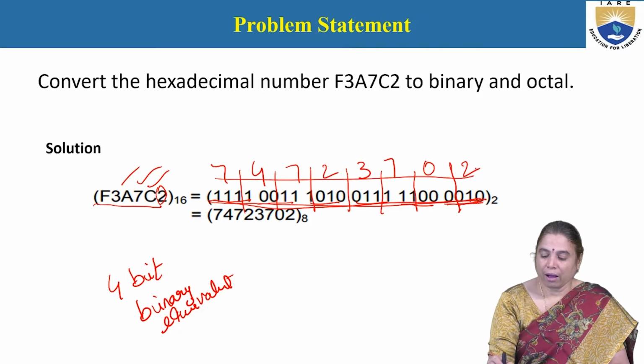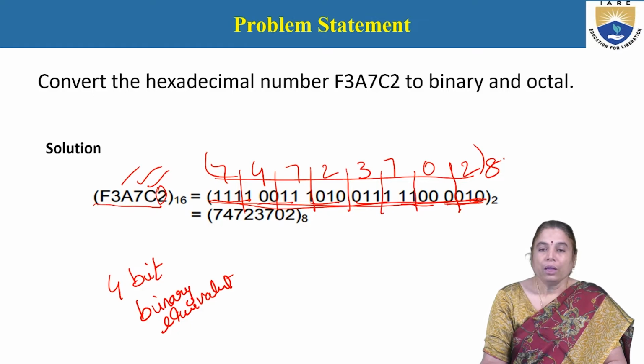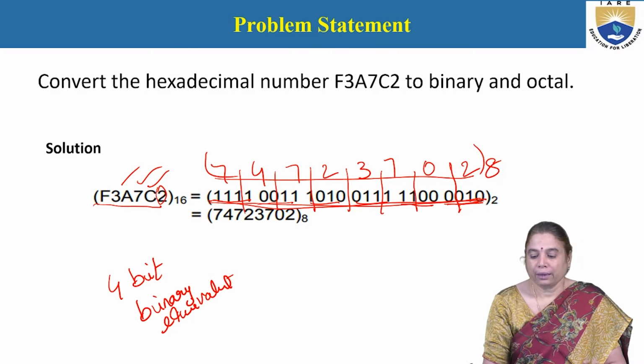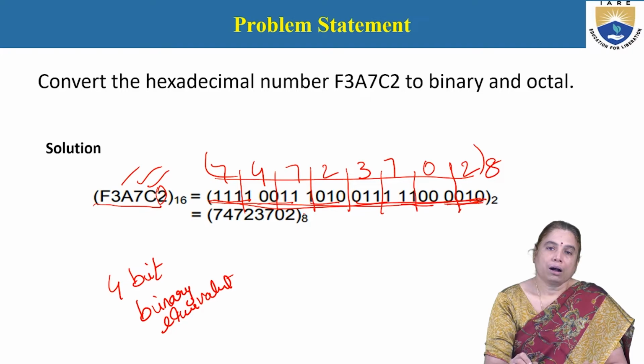So this is the octal equivalent of this binary number. So if any hexadecimal number is given, in order to convert it into binary form, the 4-bit binary equivalent of each digit is written. And from that binary equivalent, we consider 3-bit binary groups and write the decimal equivalent of each 3-bit group in order to get the octal equivalent.